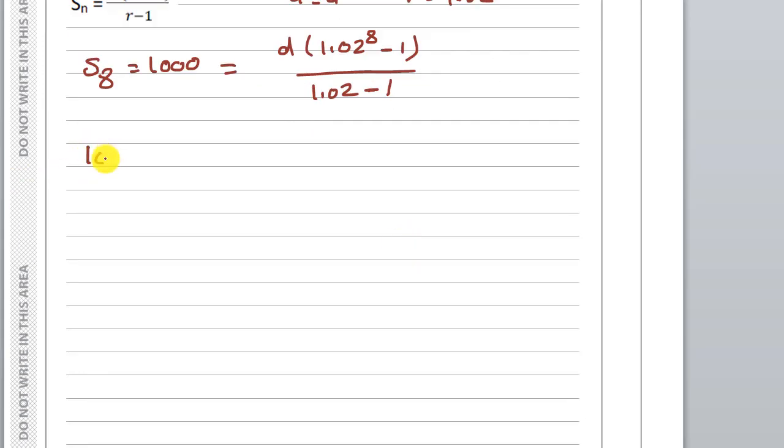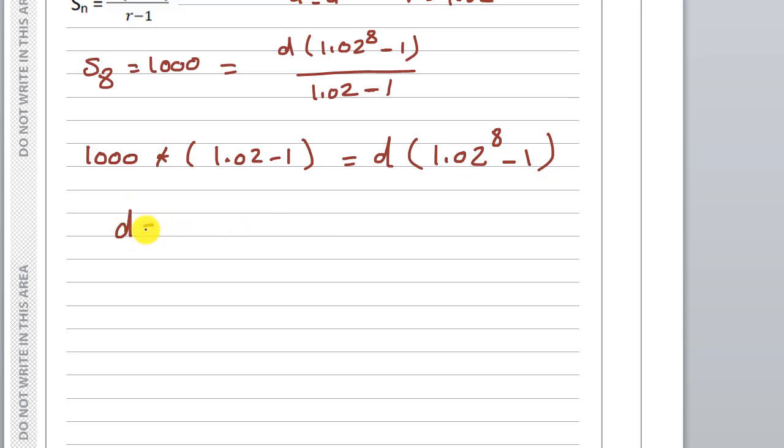So 1000 multiplied by 1.02 minus 1 equal to D multiplied by 1.02 power 8 minus 1. So D will equal to 1000 multiplied by 0.02 divided by 1.02 power 8 minus 1.